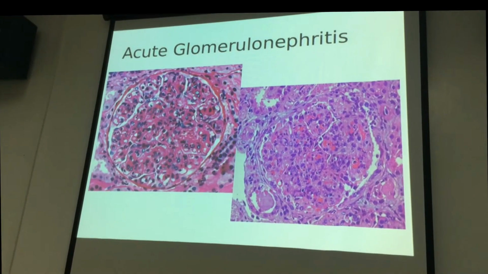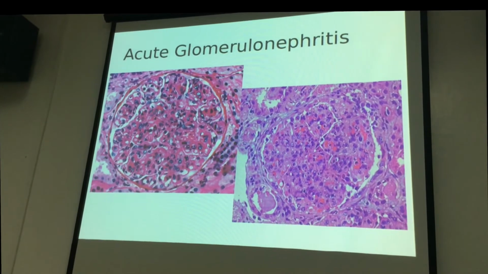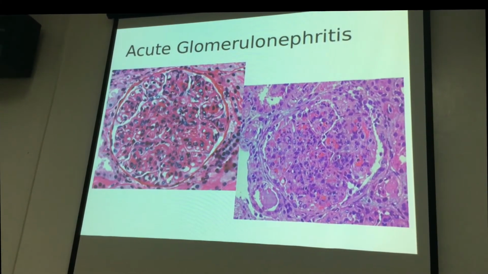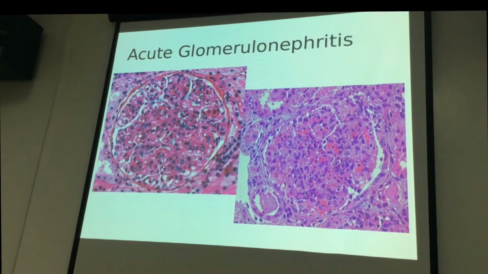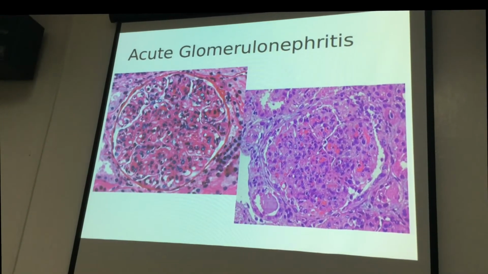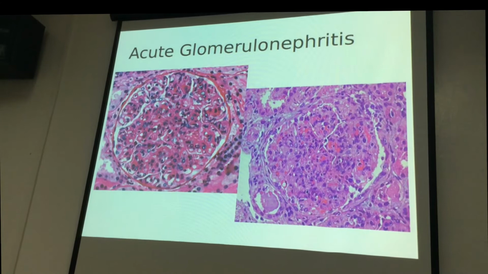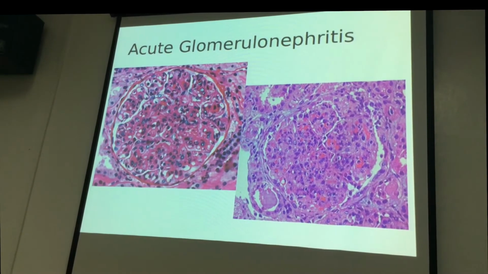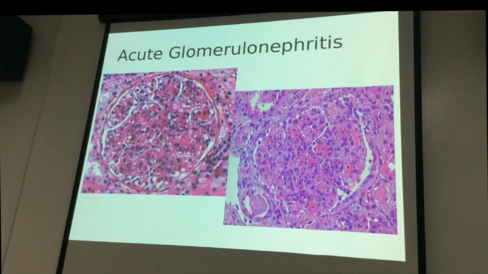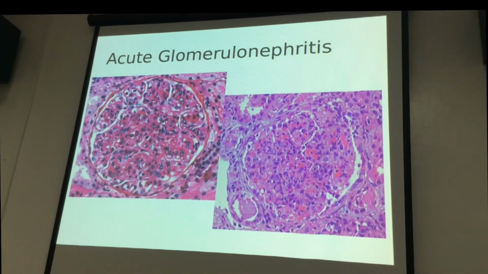In doing so, the ensuing inflammation, the antigen-antibody reaction or the immune complexes entrapped within the damaged glomeruli will attract inflammatory cells. They will also trigger proliferation of your mesangial cells. What else? Your endothelial cells and your epithelial cells.